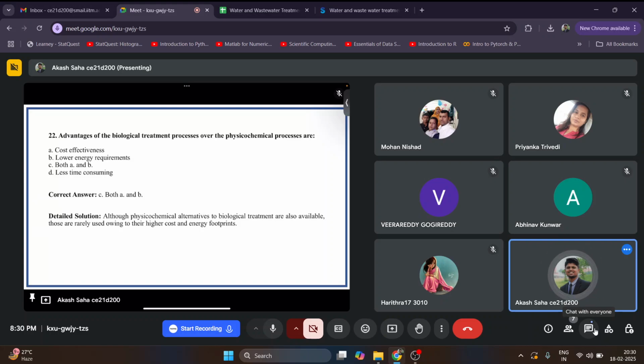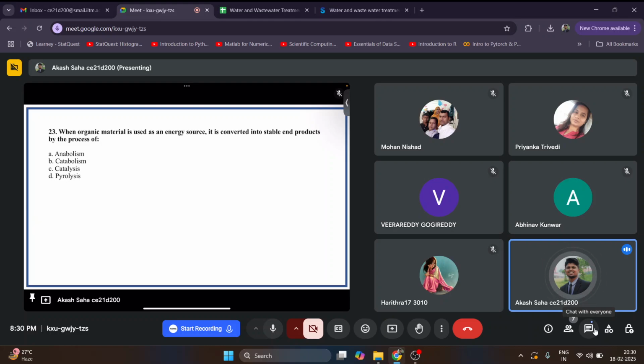And also energy requirements, because to run mixers, pumps, and all those things in physicochemical treatments, energy will be more. Whereas for biological, it is simply bacterial degradation. The biological treatments will be very much time consuming; it will take more time for the microbial degradation to happen. So that's why both A and B are correct options.